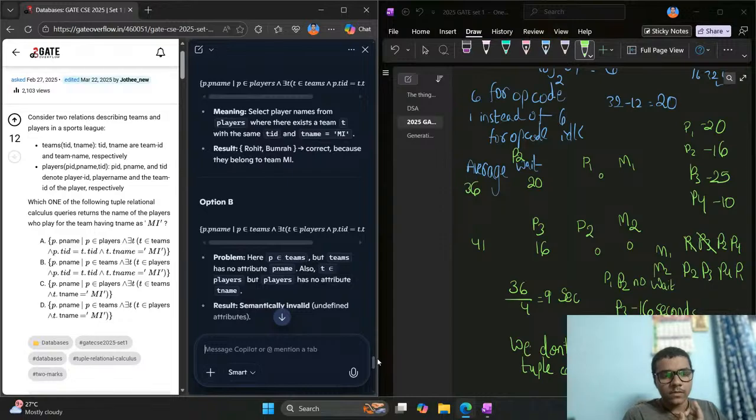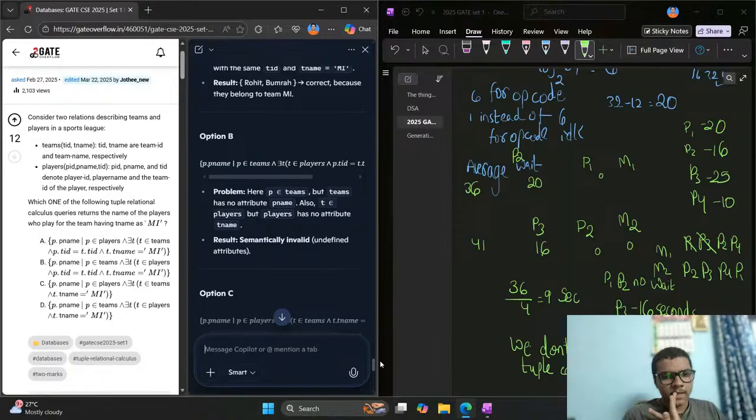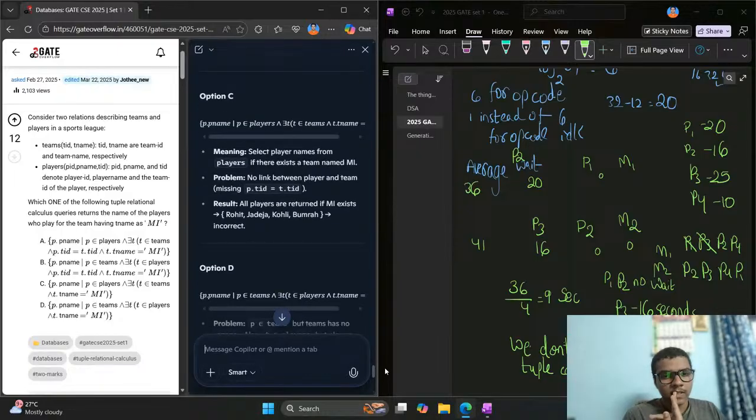Teams has no attribute P name. Semantically invalid. Select player names from players if there exists a team named MI.